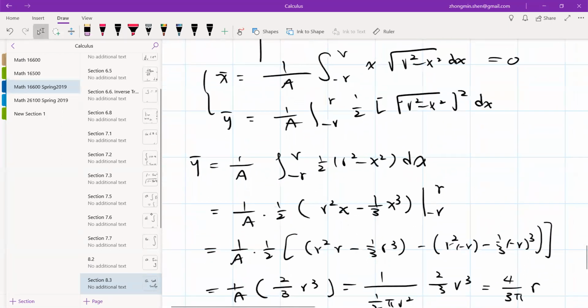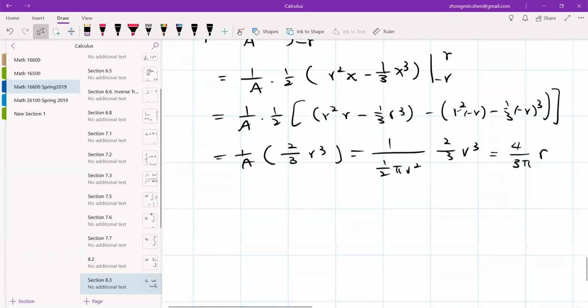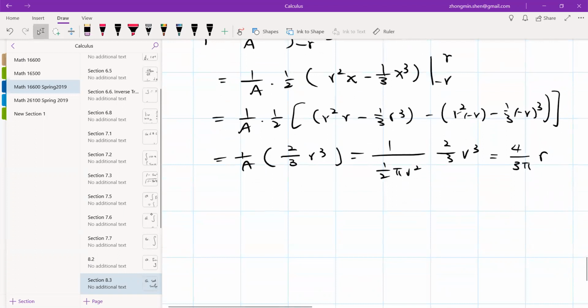So this is a simple problem, so computation does not involve too much work here, especially the area. We find the area of the semicircle by using the classical formula.